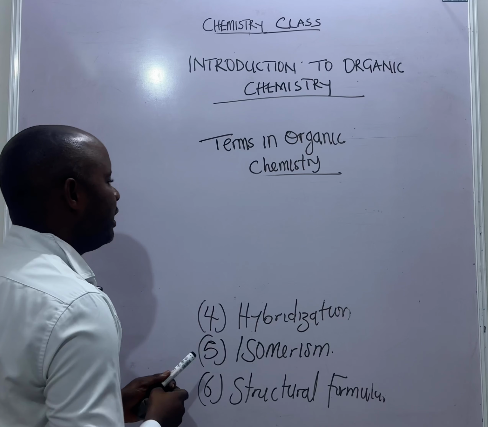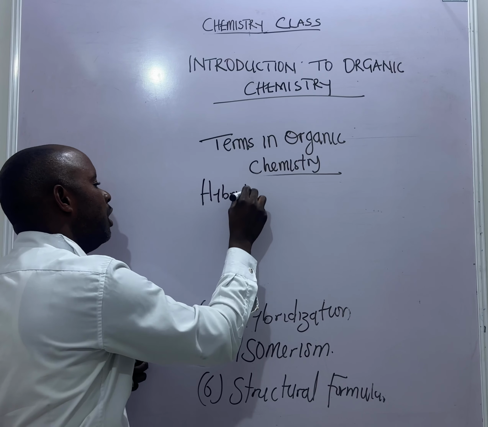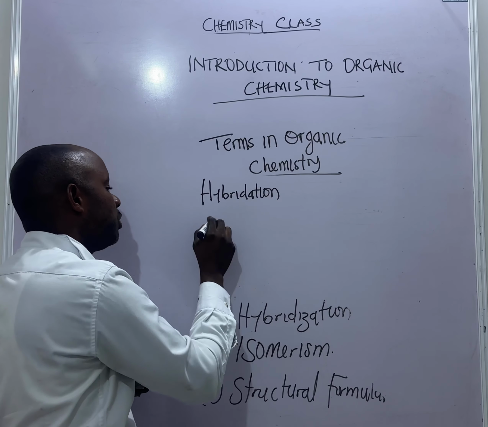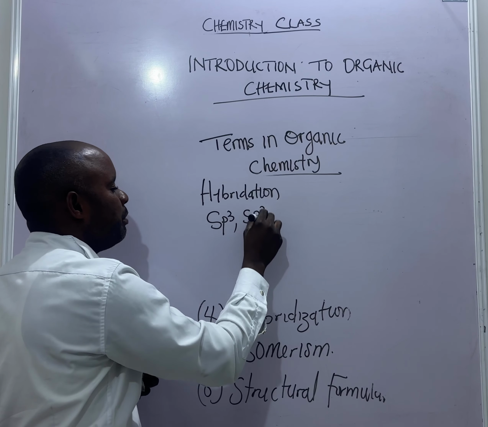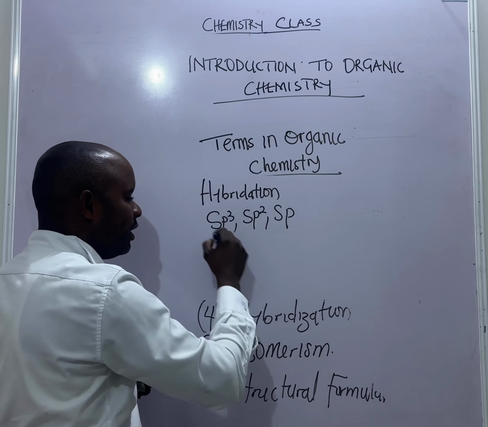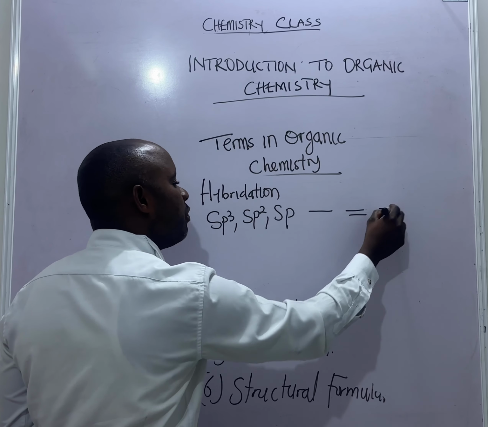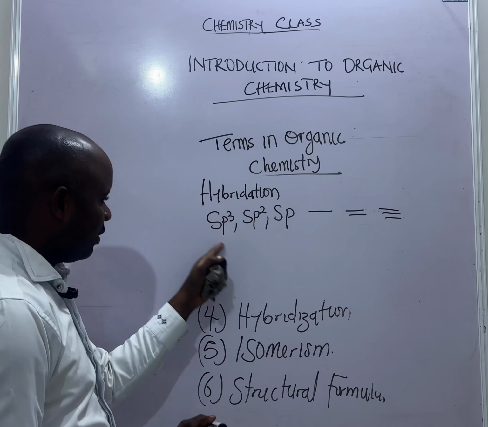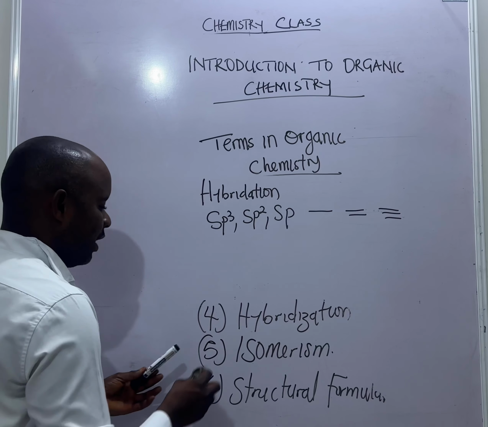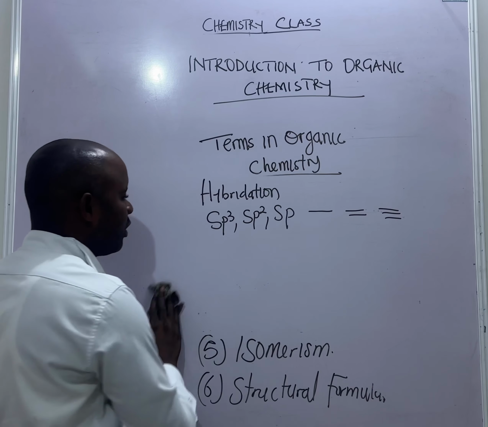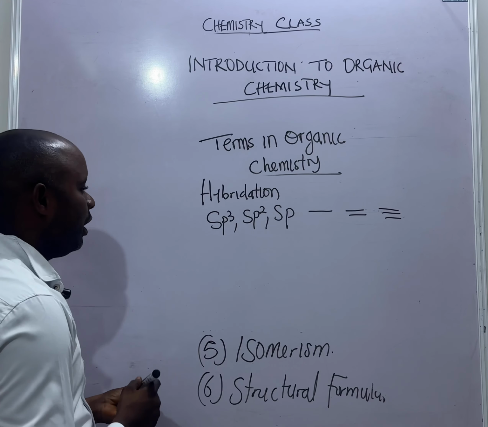So we are going to talk about hybridization. Let's talk more about hybridization. We said carbon is open to sp3, sp2 and sp. This gives carbon the ability to form single bond, double bond, and triple bond. So let's dive deeper on how this sp3, sp2, sp comes about.